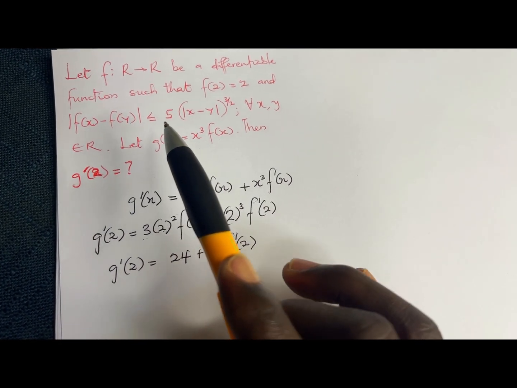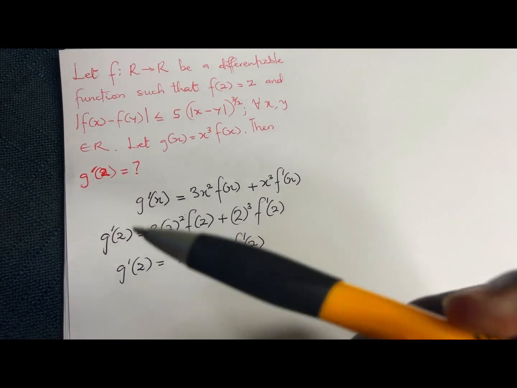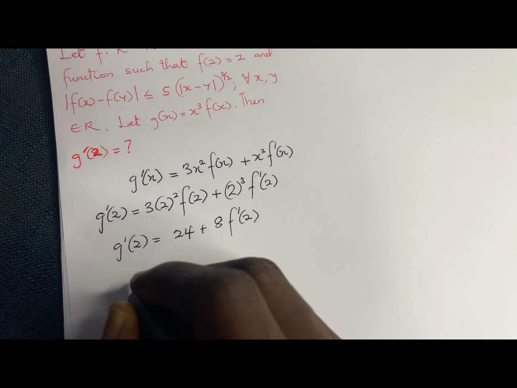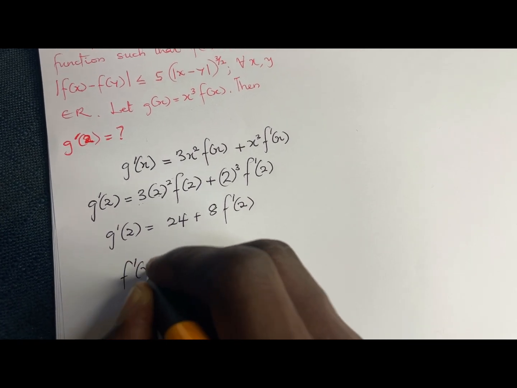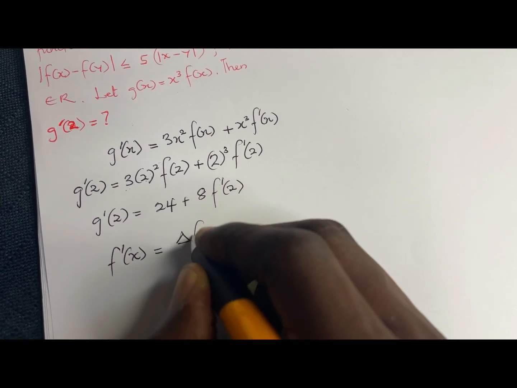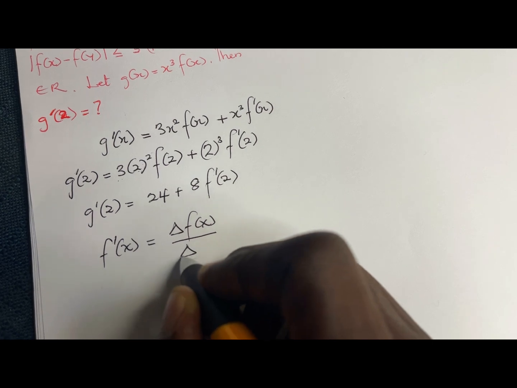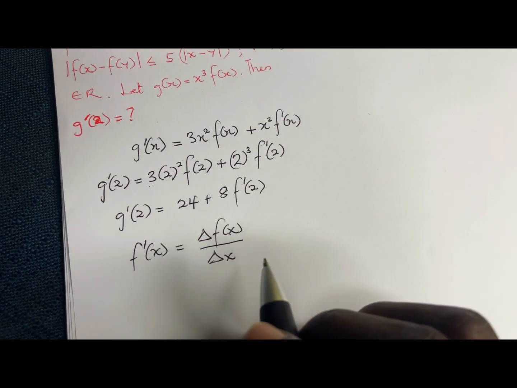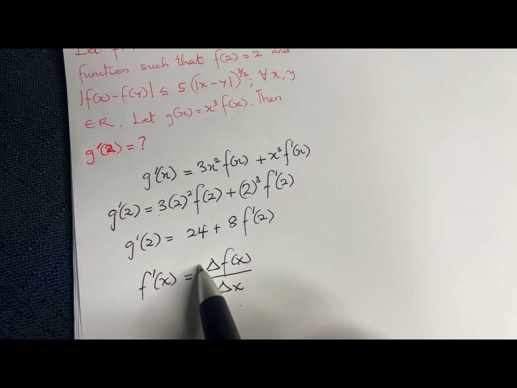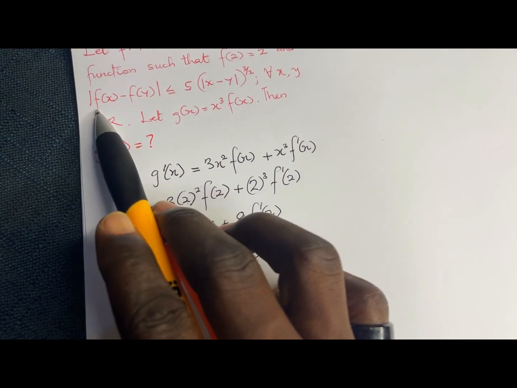So f prime of x should be the change of f of x with respect to the change in x. We already have the change in f of x, which is given here.